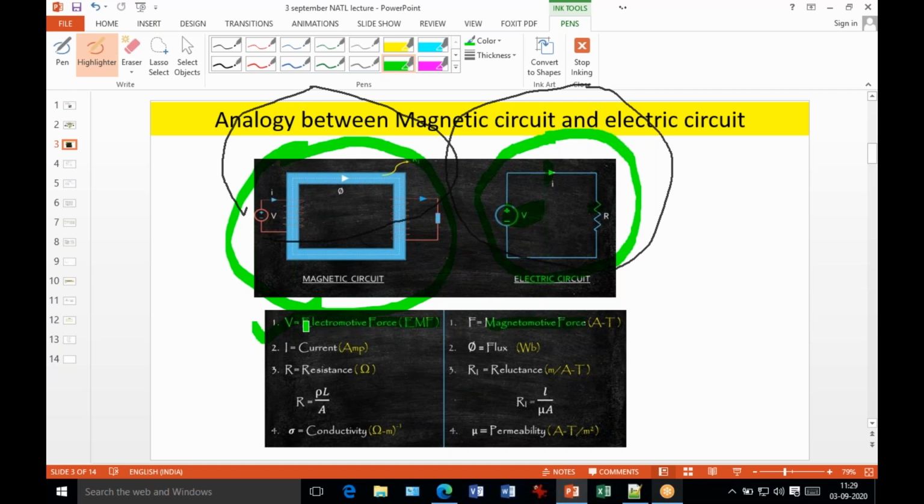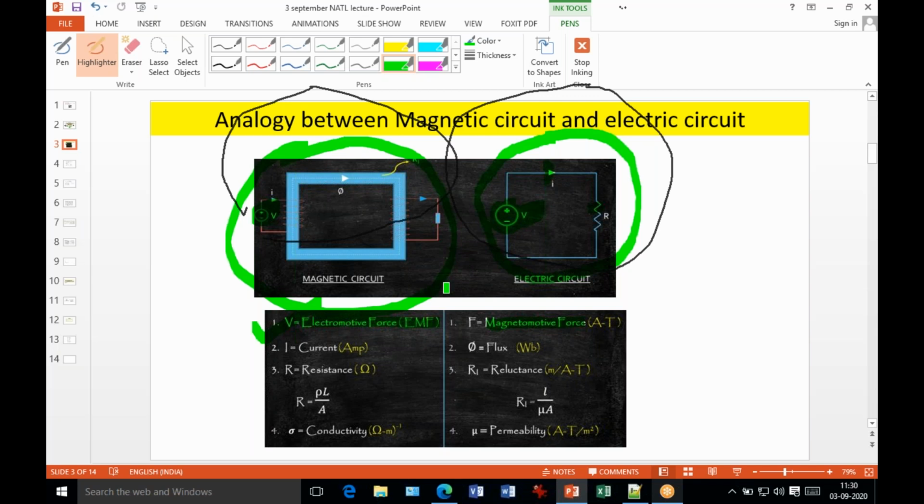So the role of the voltage in the electrical network is played in the magnetic network by the magnetomotive force. That parameter and this parameter are both the same, but the notation or terminology is different.